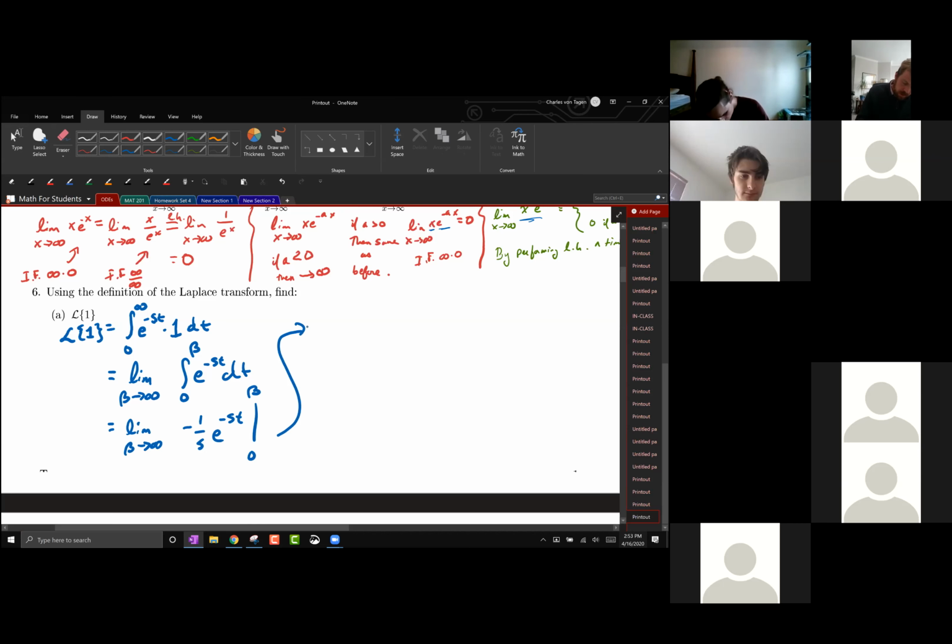And then plugging in those limits of integration, we're left with the limit as beta approaches infinity of minus 1 over s e to the minus s beta minus parentheses minus 1 over s e to the minus s times 0.